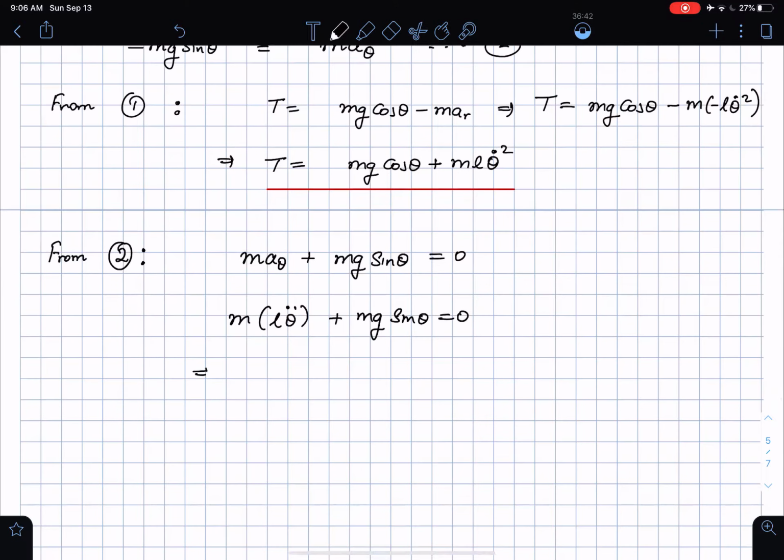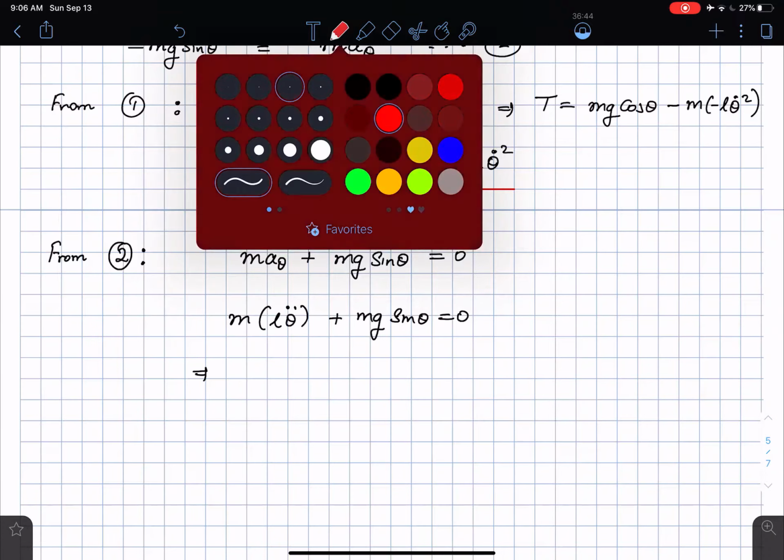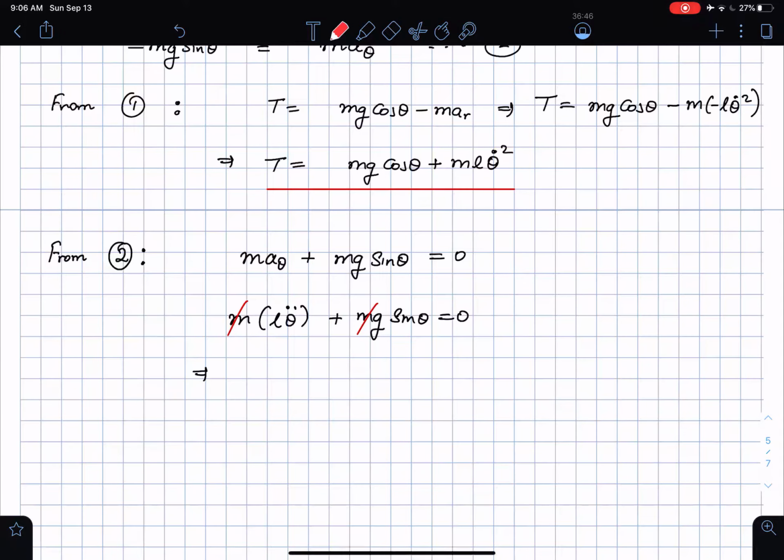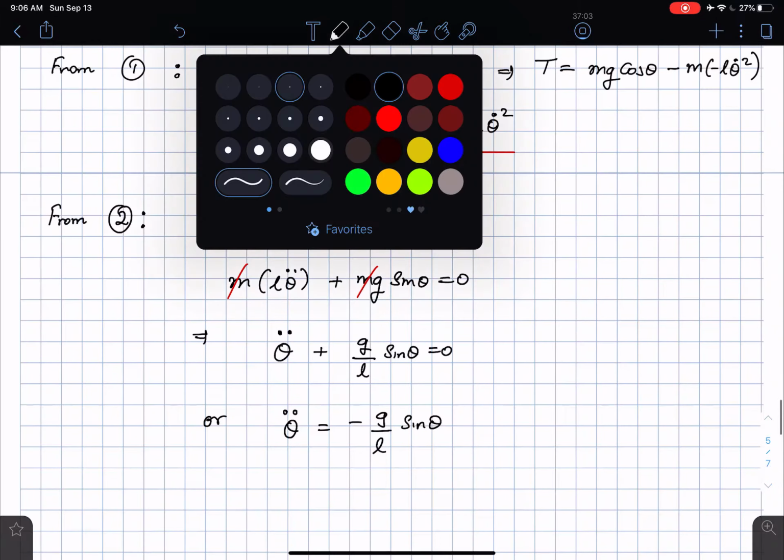Cancel off the common terms of the mass and then take the length and divide it through. I'm going to get theta double dot plus g by L sine theta is equal to 0, or theta double dot is equal to minus g by L sine theta.